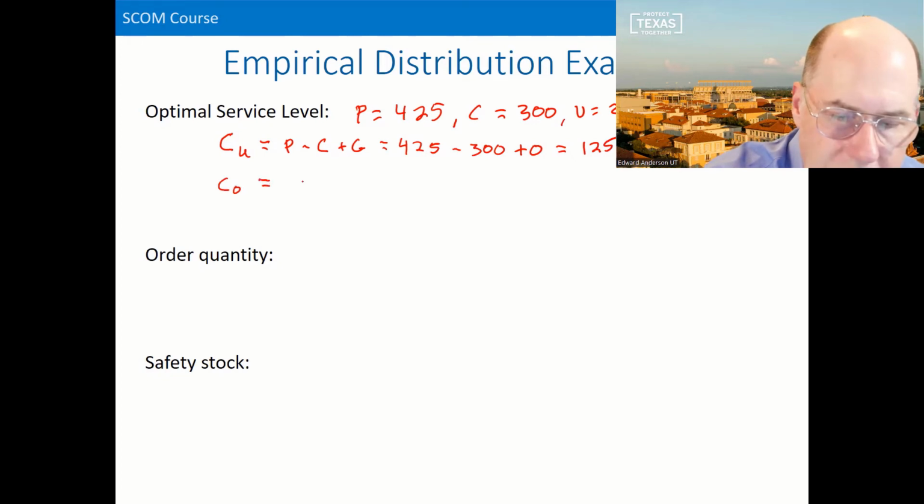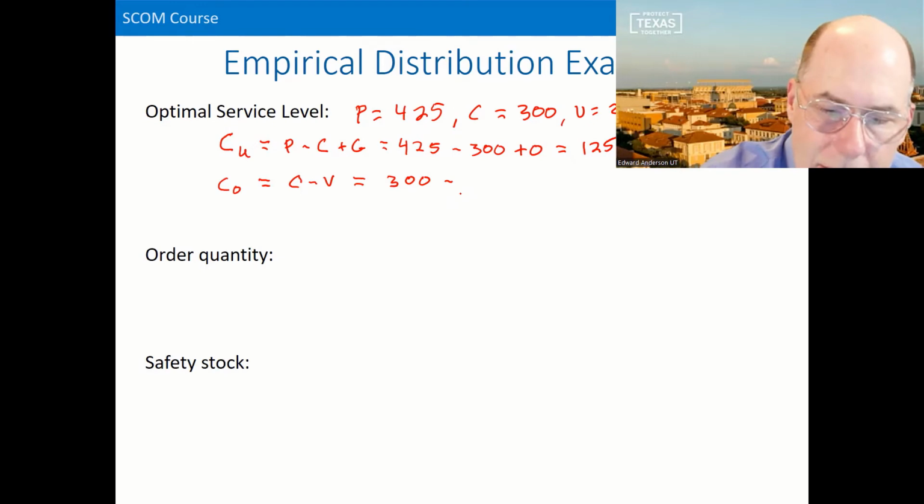Cost of overstocking equals C minus V, and that's equal to 300 less 250, so 50.